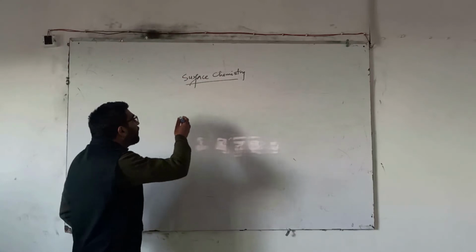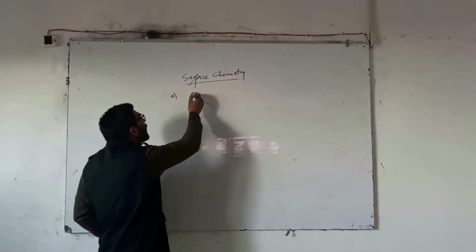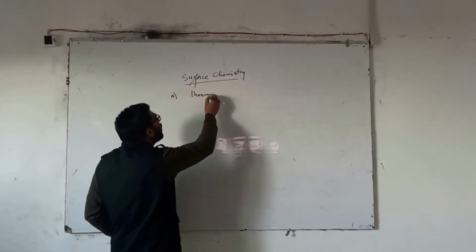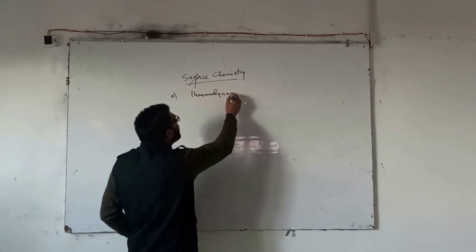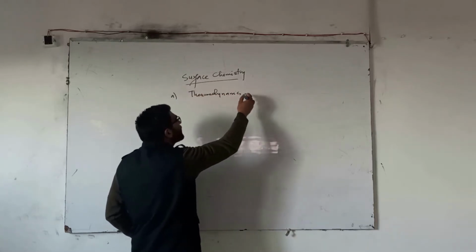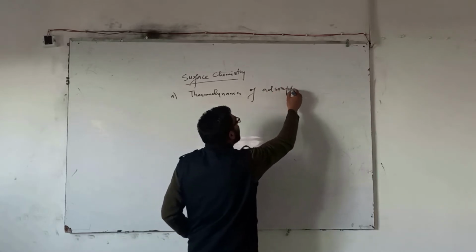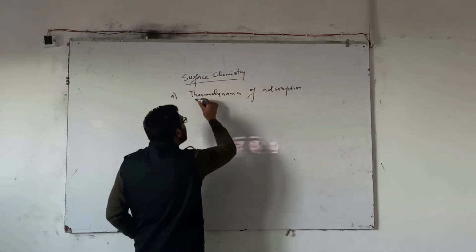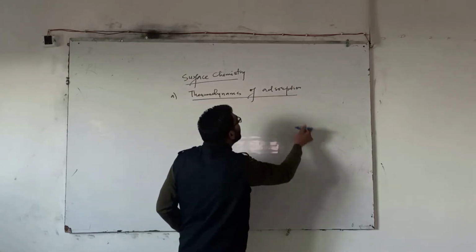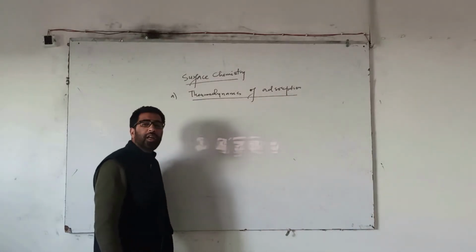Now today our first concept can be called thermodynamics of adsorption. Let me discuss thermodynamics of adsorption. So what does thermodynamics tell us, what information will thermodynamics give us about adsorption?